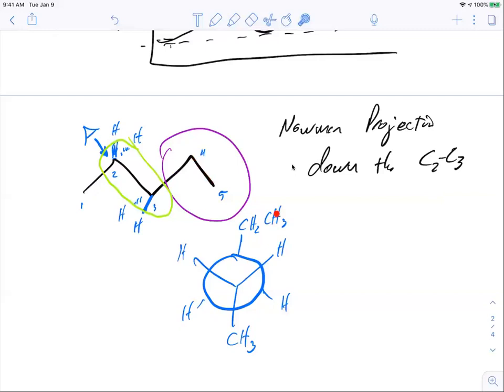This CH3, well, the way it's drawn, you're only looking down one bond. You're not looking down all of it, right? So if you really wanted what it looked like, then this carbon here would be down and behind that carbon, right? But that's not the way Newman projections work. It's just what is attached to those 2 carbons.